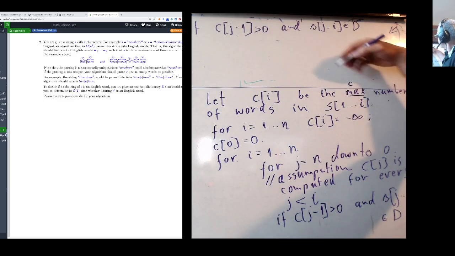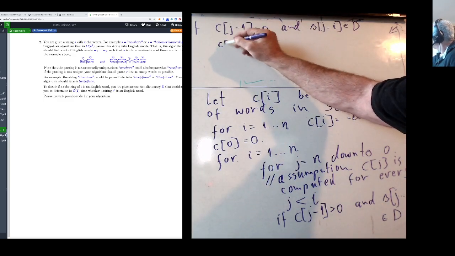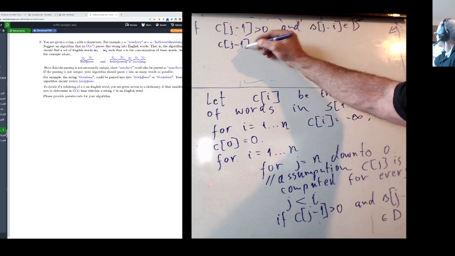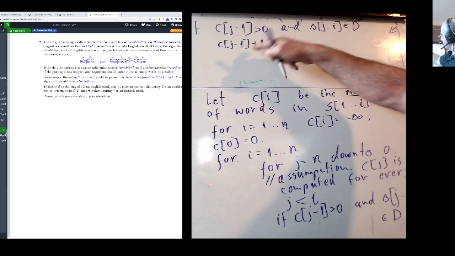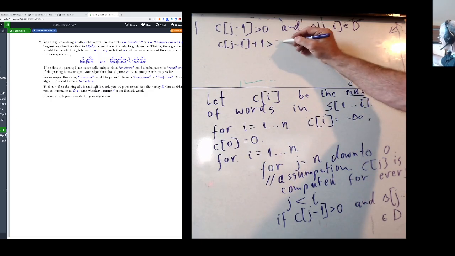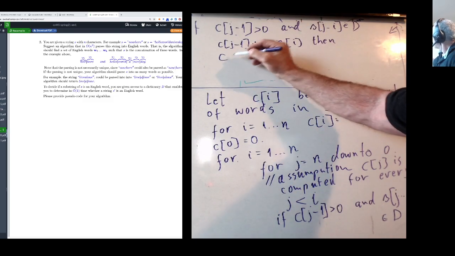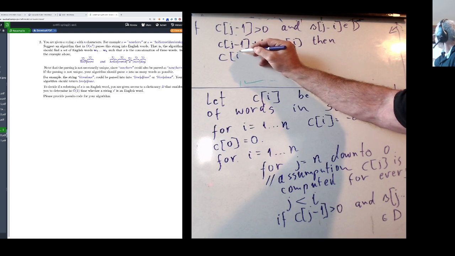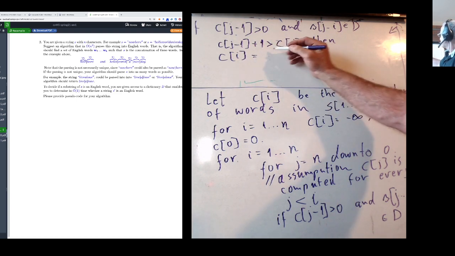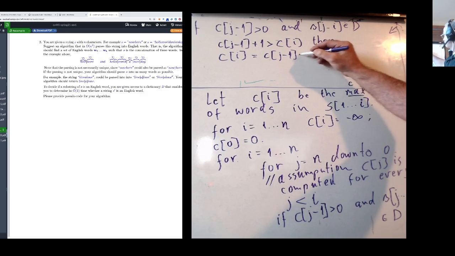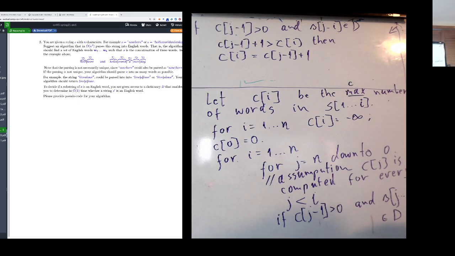Then the number of words would be C of j minus 1 plus the one word that I just discovered, and if that is larger than my current value of Ci, then C of I equals C of j minus 1 plus 1, because I increase Ci at this point. I found more words that can be parsed over here.